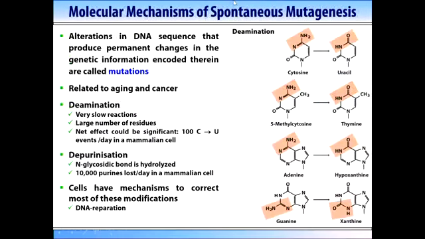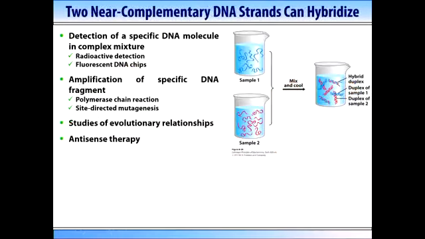An important consequence of all these features is the ability of DNAs to recombine or hybridize. DNA strands that are nearly or completely complementary can hybridize. If you have them first at high temperature and then slowly lower the temperature, they will find each other.